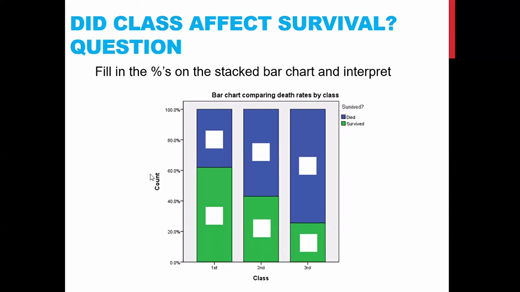Looking at this, what do you think, guys? As compared to the table that was presented, which was easier to understand?